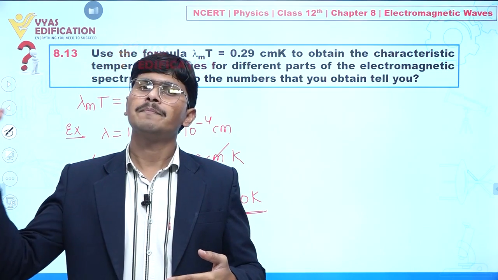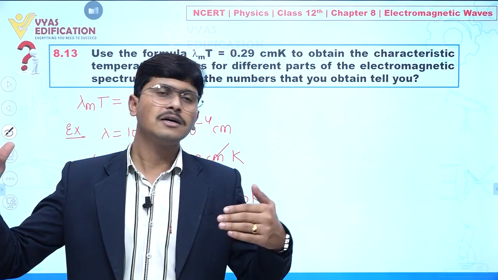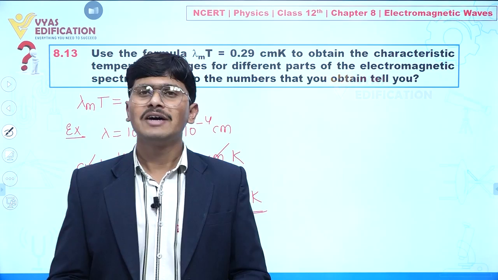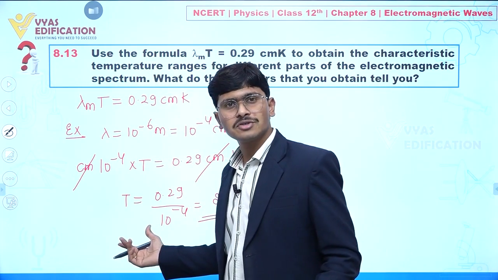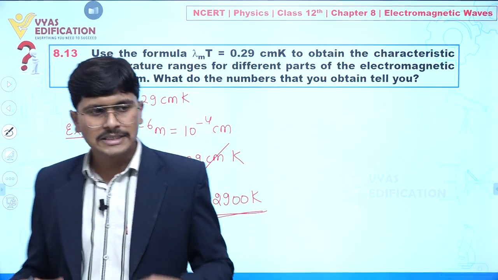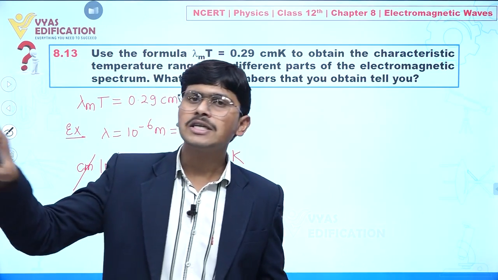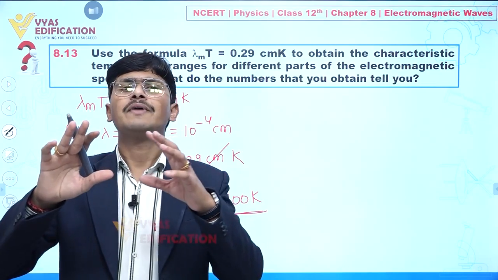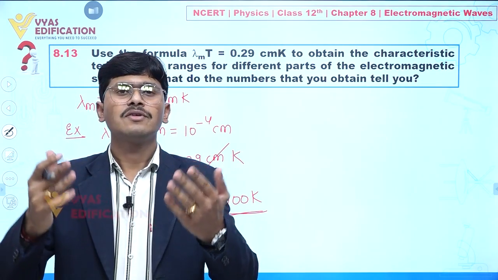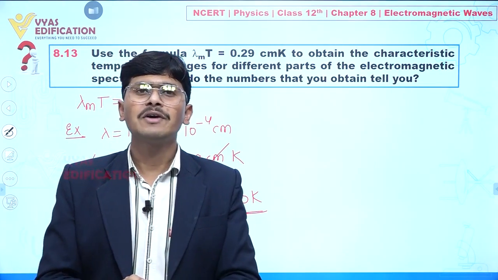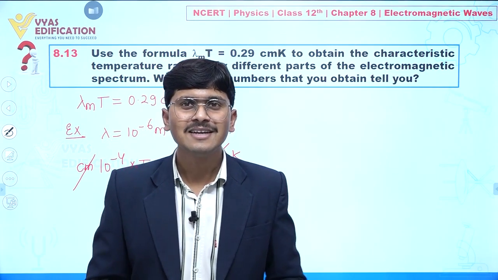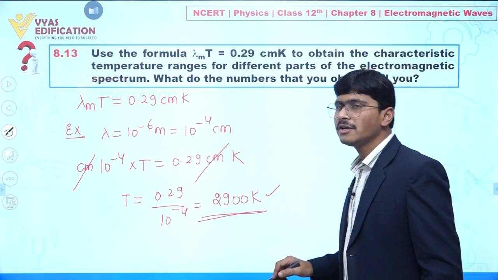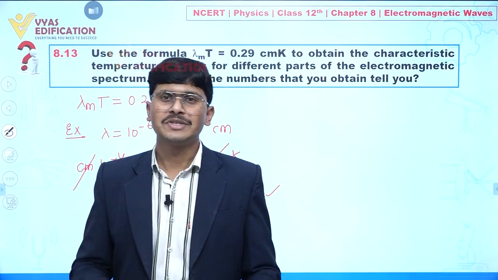If we know the lowermost and the uppermost limit, at that time we can calculate the temperature limits also, clear. It means we can get some idea that at that particular temperature range we will find electromagnetic waves of a particular wavelength, clear. So we can obtain this from this result, clear, yes or no. So this is all about this question.